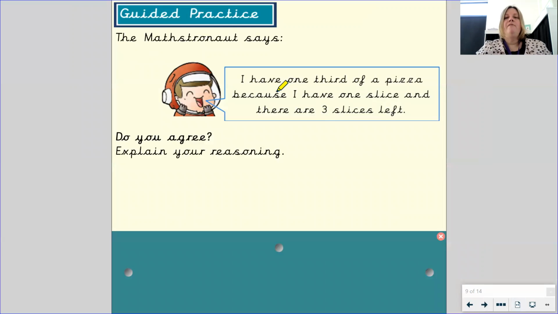So I have 1/3 of a pizza. So the astronaut thinks he has 1/3 of a pizza because he has 1 slice and there are 3 slices left. Let's have a think about what this could look like.